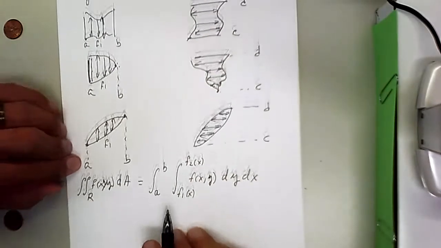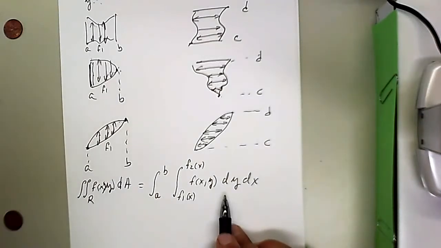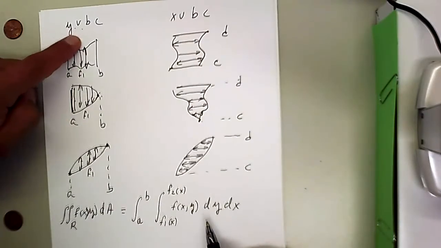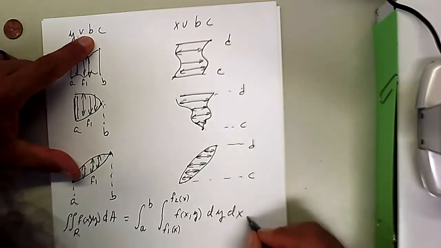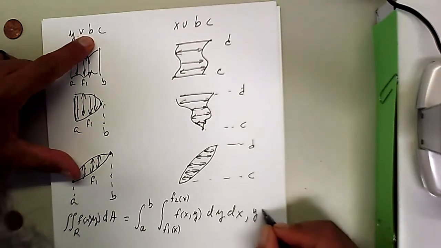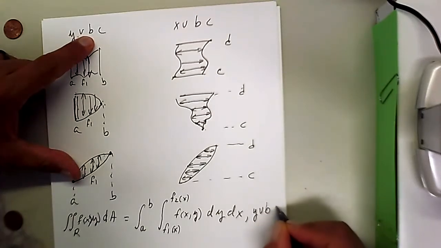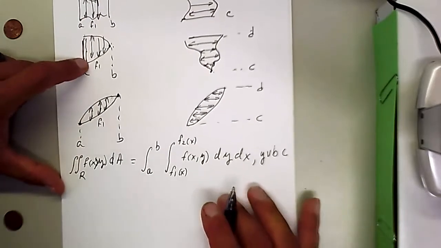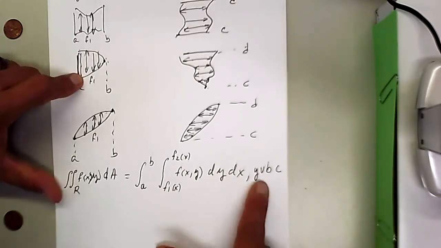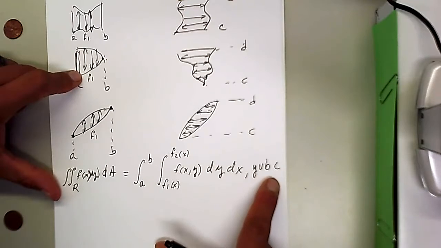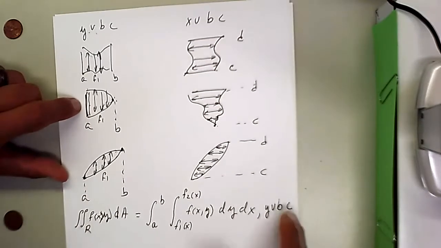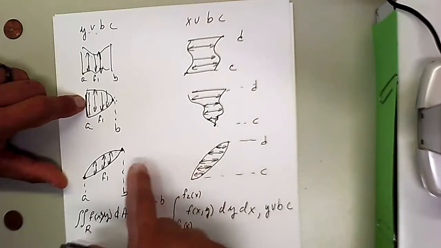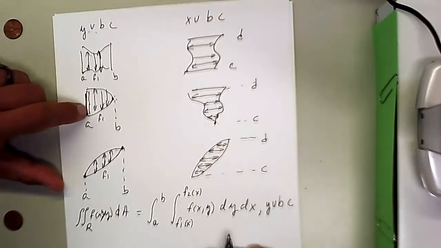So this is the way we set up a double integral if we are in the y variable boundary case. Different books will not have a long name like that. They will call them perhaps case one or case two, and that's all right.